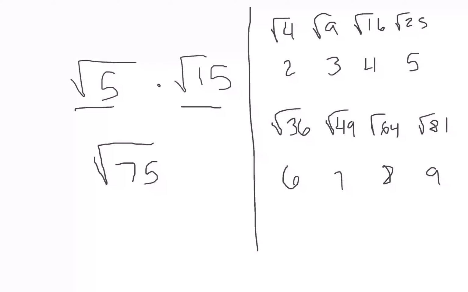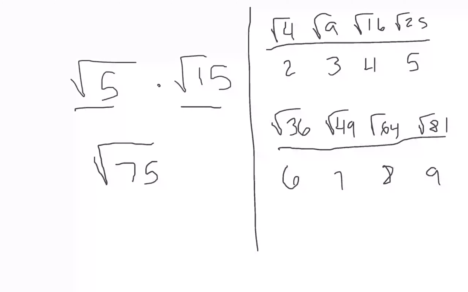So I'm going to try to simplify it by thinking about two radicals that multiply together to give me 75. One good way to help me do this is to look at all of these radicals over here, and they're going to help me decide which radicals would be the best.